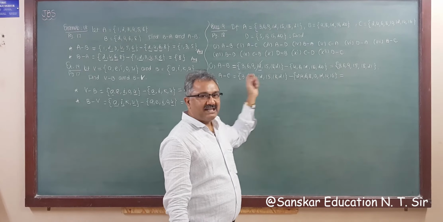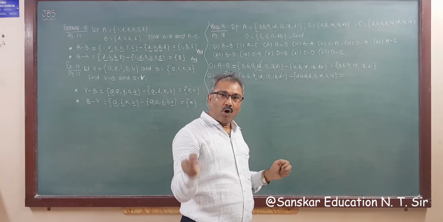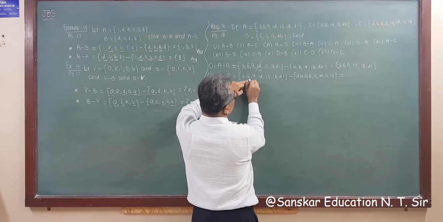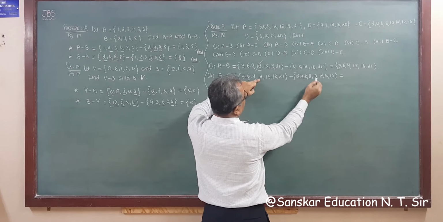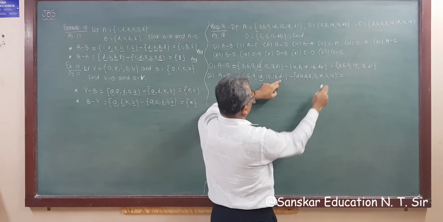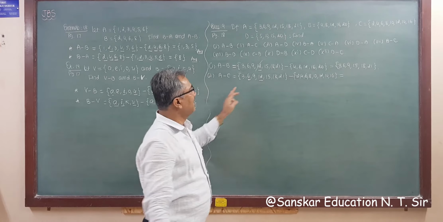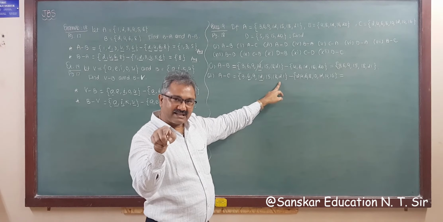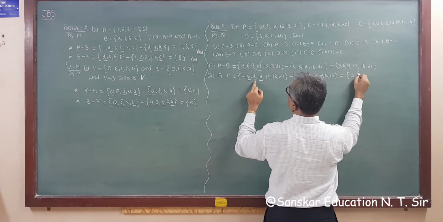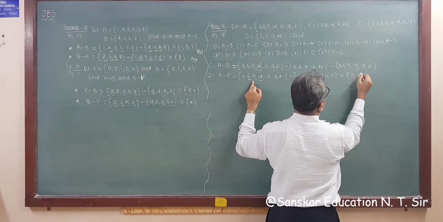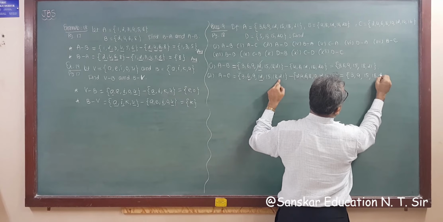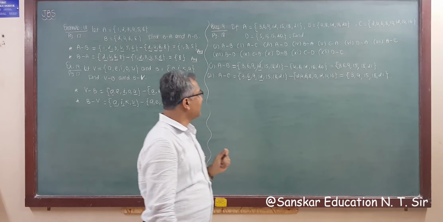Difference means we have to separate common elements from the first set. So 3, no; 6, yes, 6 is a common element; 9, no; 12, yes, 12 is a common element; 15, no; 18, no; 21, no. So except these 6 and 12, the remaining elements of A are your answer: 3, 9, 15, 18 and 21.